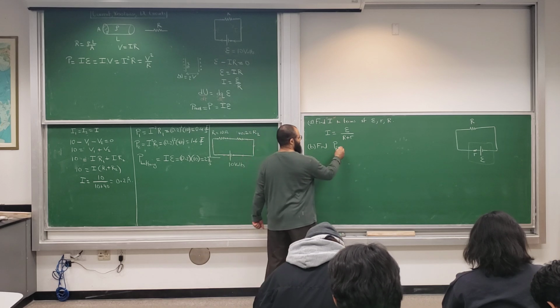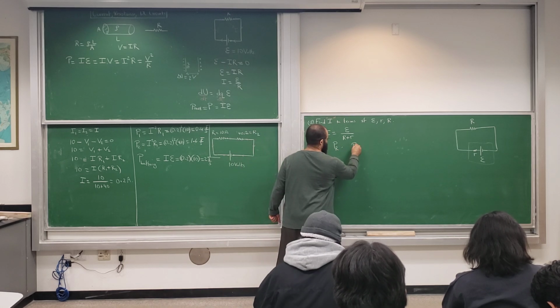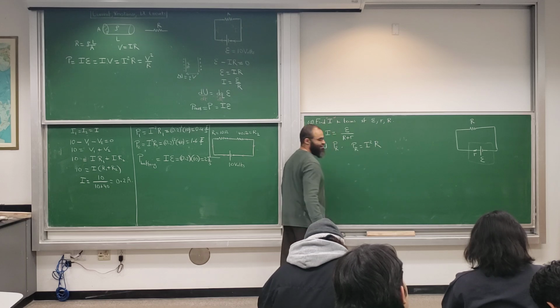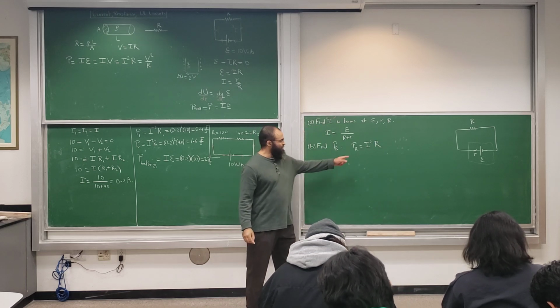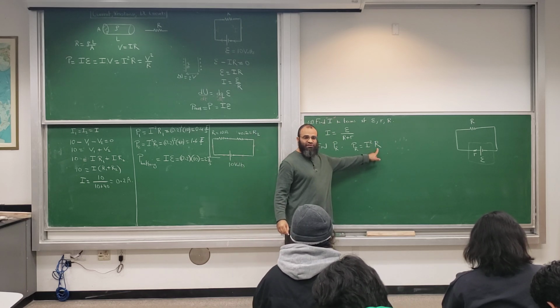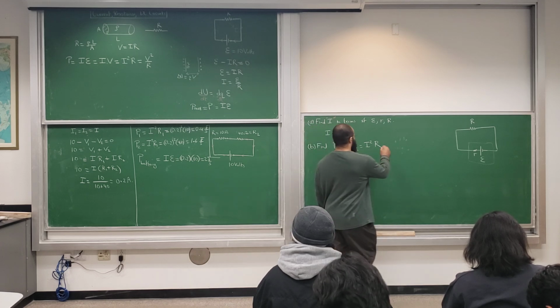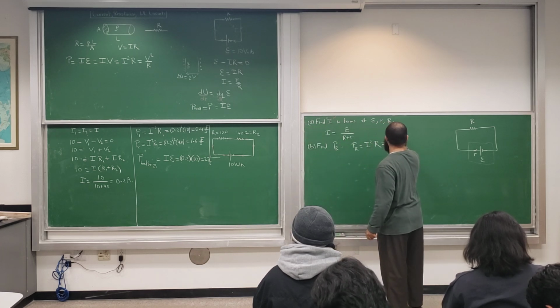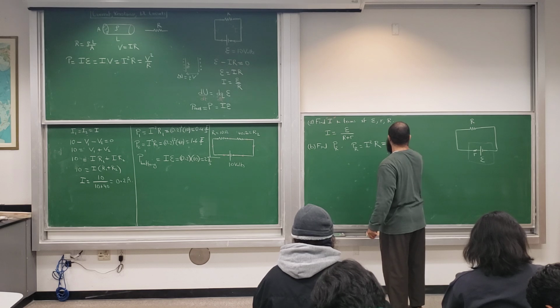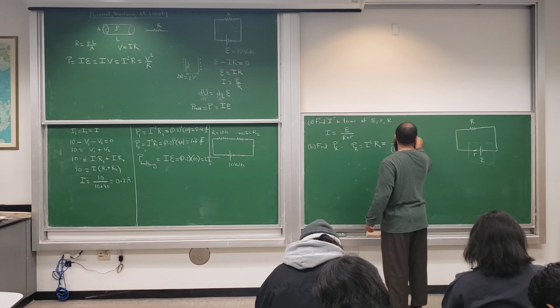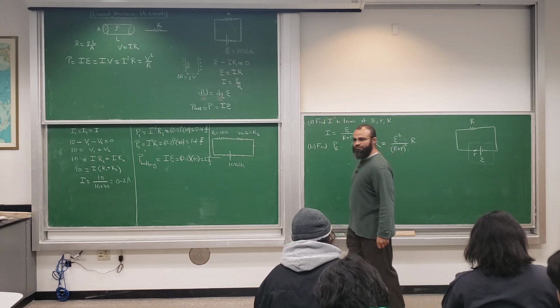Okay, so PR would be I squared times R. The current through the resistor squared times the resistance of that resistor. So do that. You will get E squared over R plus little r, squared, times capital R. That's the power, right?